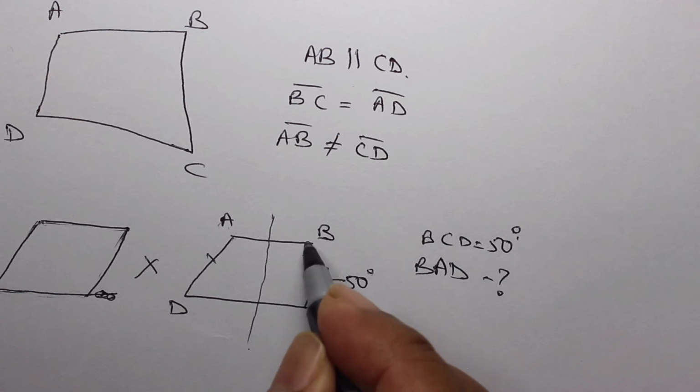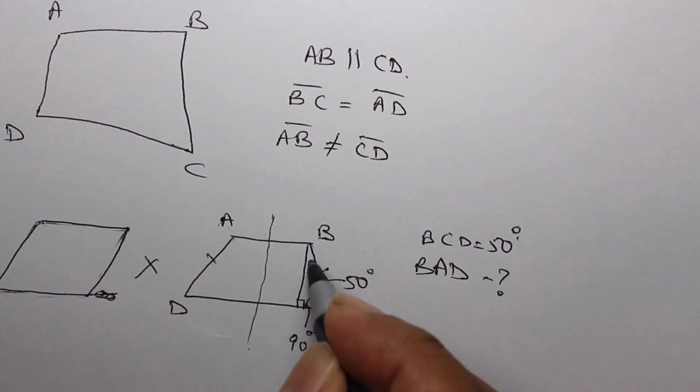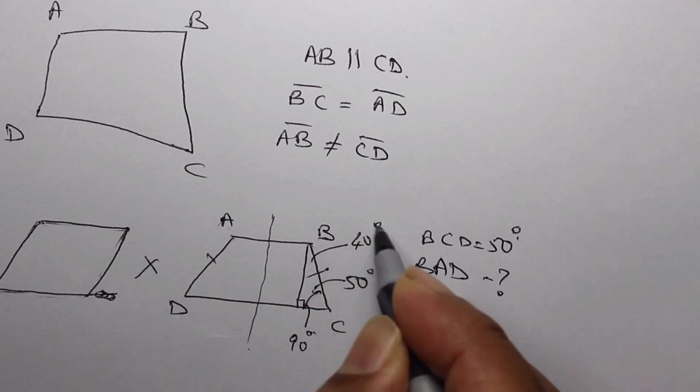So if you draw the perpendicular here, and this is 90 degrees, this angle here is 40 degrees.